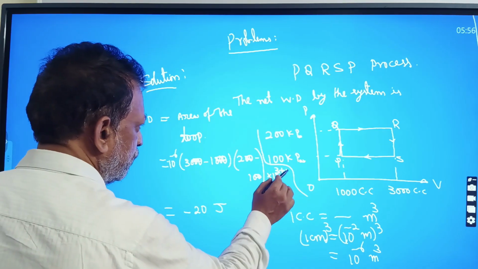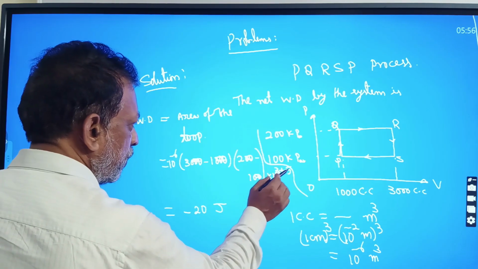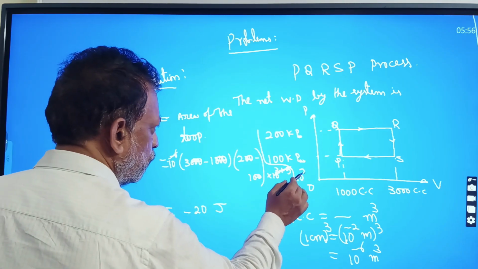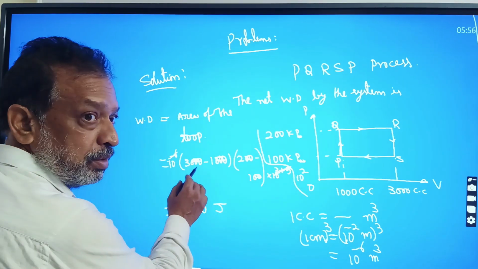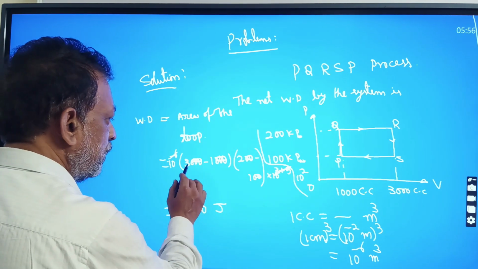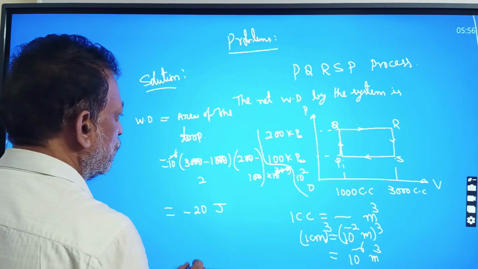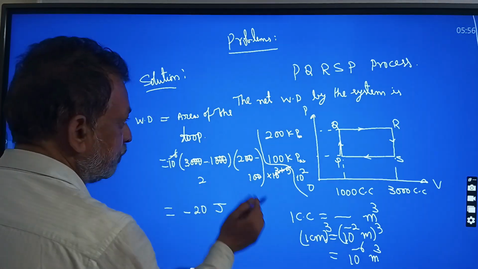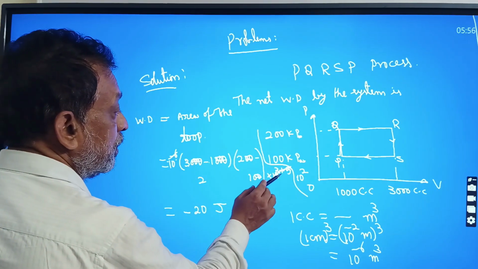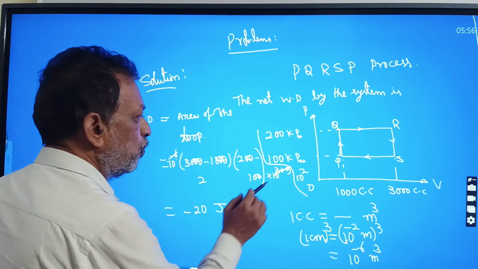Now the difference: 3 minus 1 is 2, 2 minus 1 is 1, so 2 into 10 to the power of, already minus 6 is there, and 3 plus 2 gives 5.